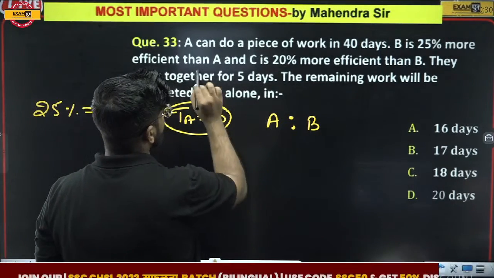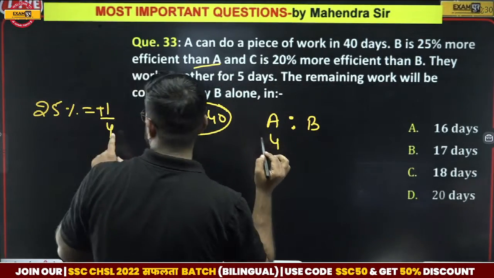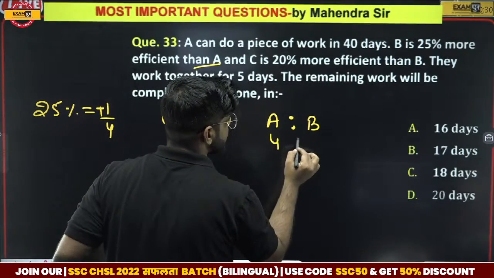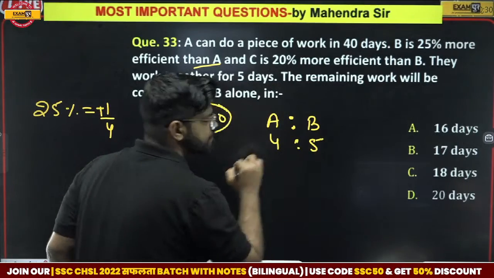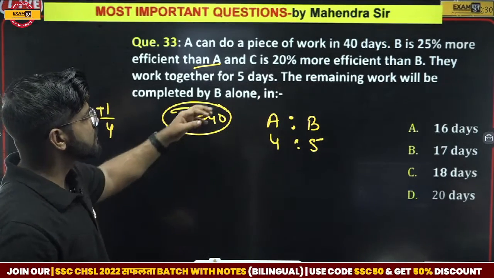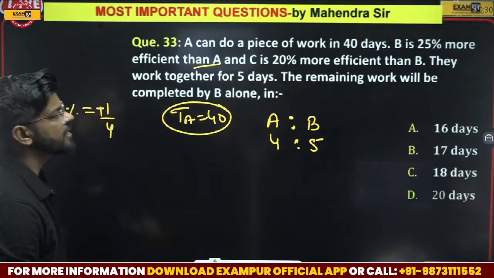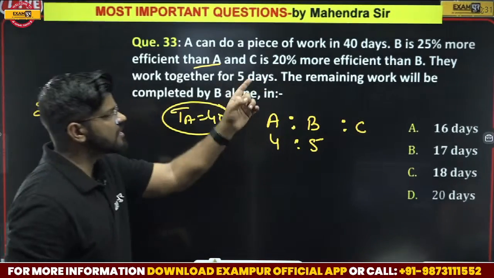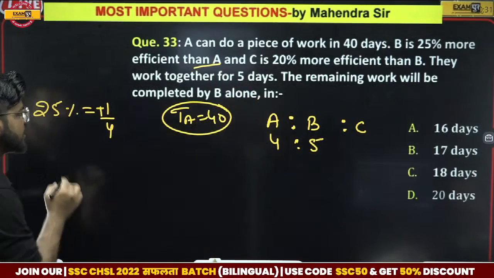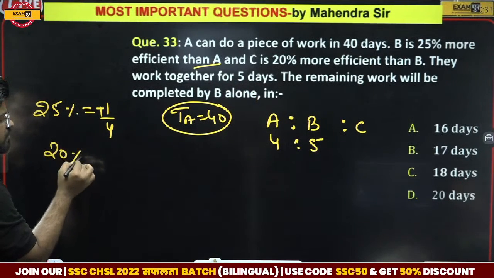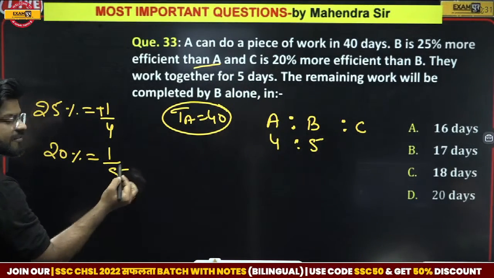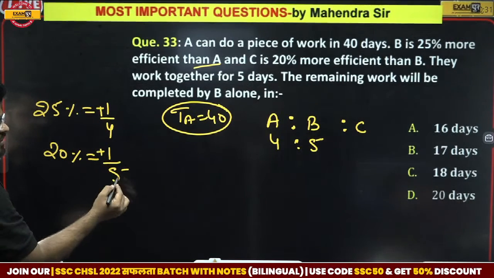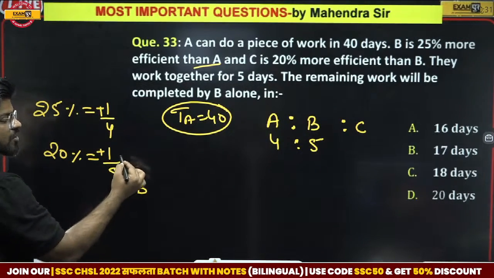Than A, that means if A is 4, then B is plus 1, that means 5. Clear? Now what does it say? C is 20% more efficient than B. 20% more efficient, what does it mean? 1 by 5. So if B is 5, then what will C be? 1 more.